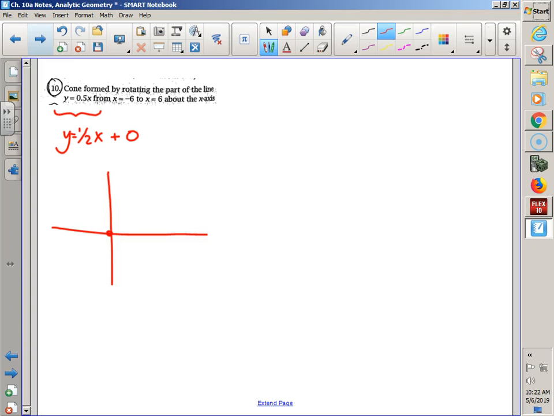And it is going to go from, Matthew is helping us out, 1, 2, 3, 4, 5, 6. Rise is 1 as you run 2. 2, 4, and then 6. Going to 6 that way, I'm going to 6 that way.